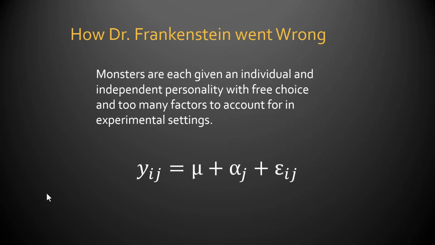In other words, let's instill in the monsters human attributes. And if we instill in the monsters human attributes, we have to now recognize that there are going to be effects that are not included in our original model that we had back here.